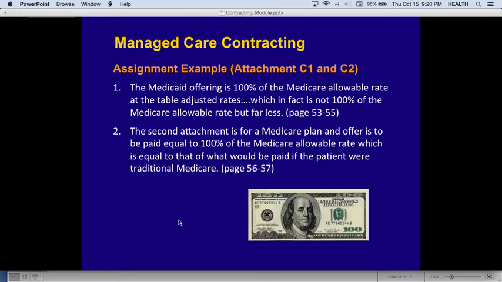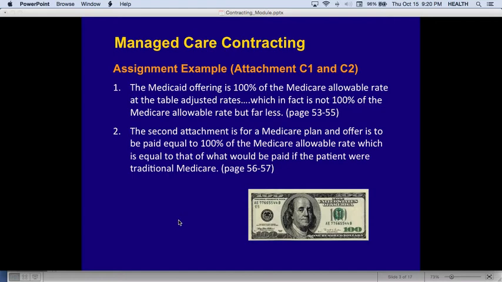So let's talk about assignment examples. In the agreement you're going to read, this is attachment C1 and C2. So just reference it later. There they said the Medicaid offering is 100% of the Medicare allowable rate at the table adjusted rates.